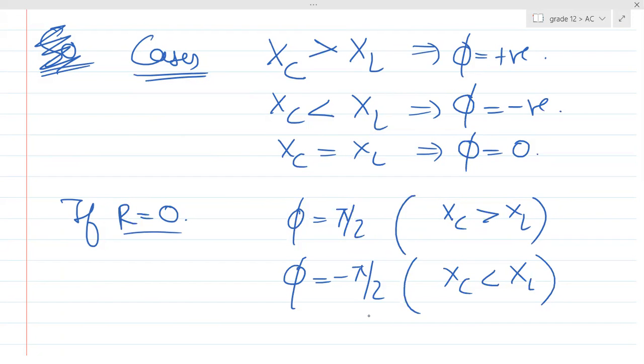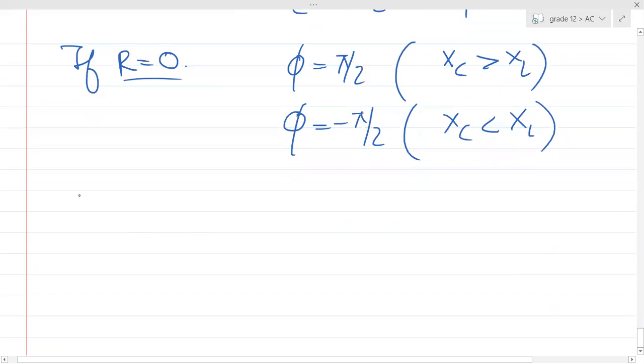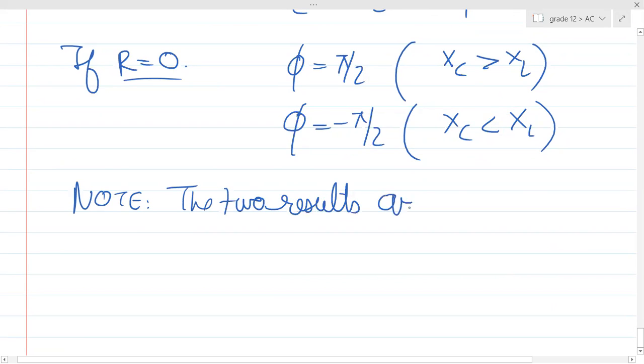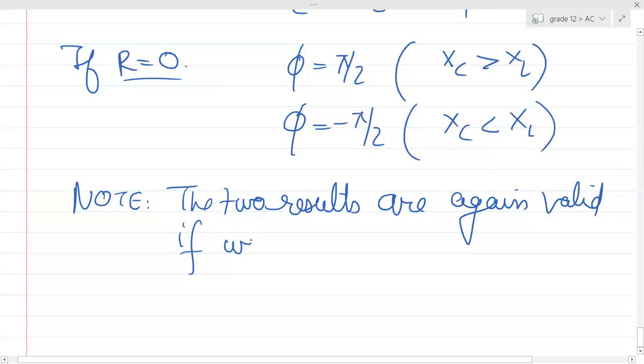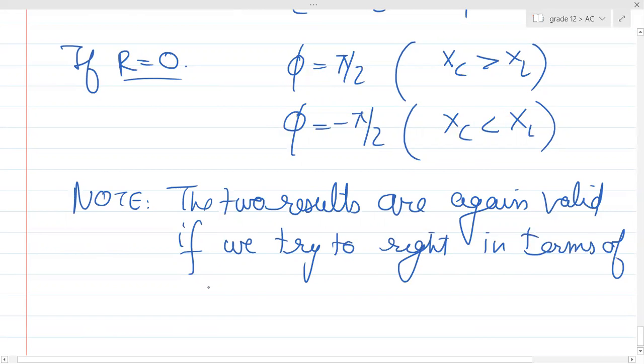Done, guys. Please remember those two results. Note: please write that the two results are again valid if we try to write them in terms of RMS value.